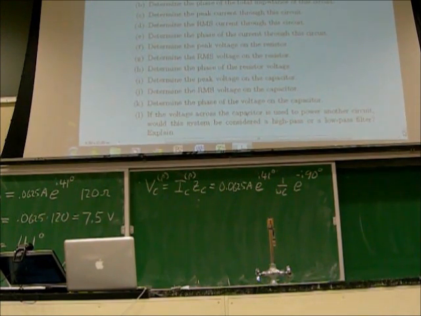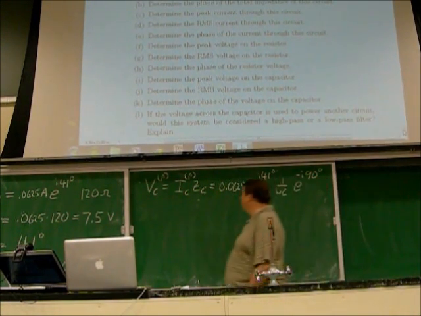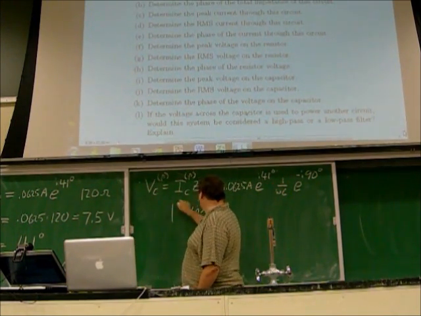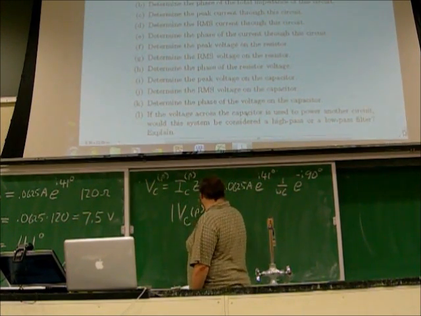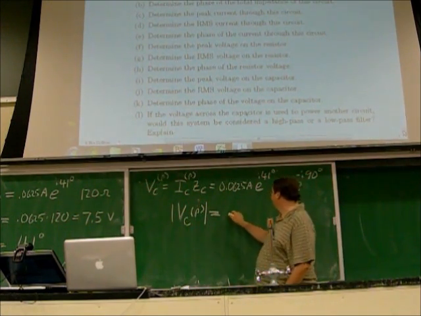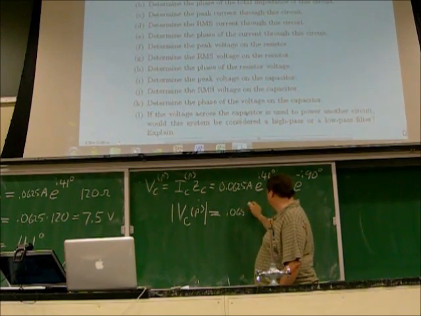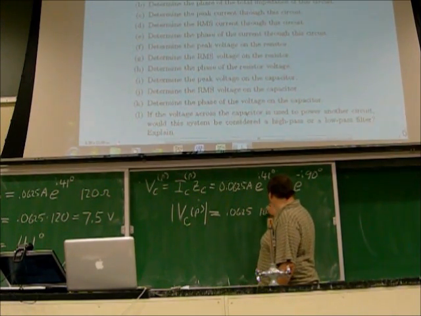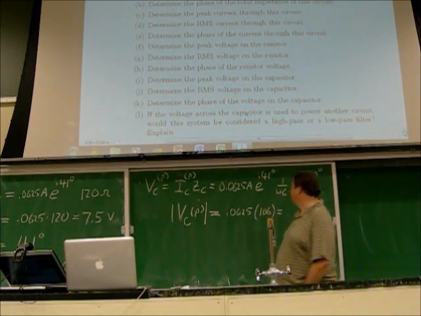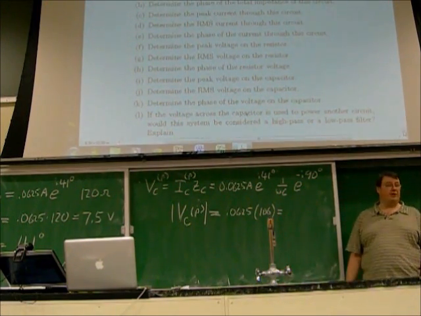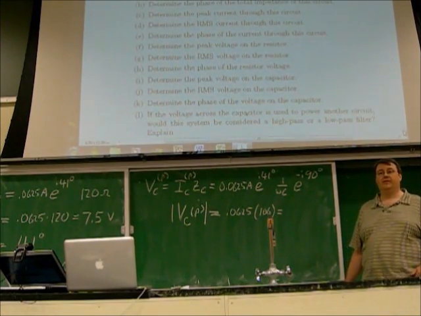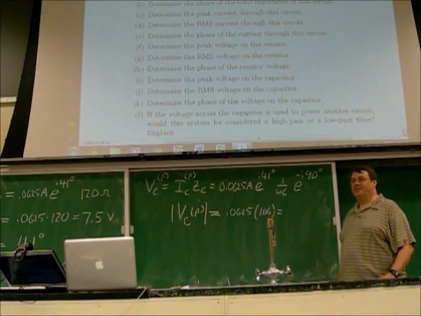Okay? So, what is the magnitude of the peak value of the voltage on the capacitor? One over omega C was 106 ohms, is that right? Yes, if I'm remembering from the beginning. So what's the magnitude of the peak voltage on the capacitor? 106 times 0.0625. Yes, I agree.